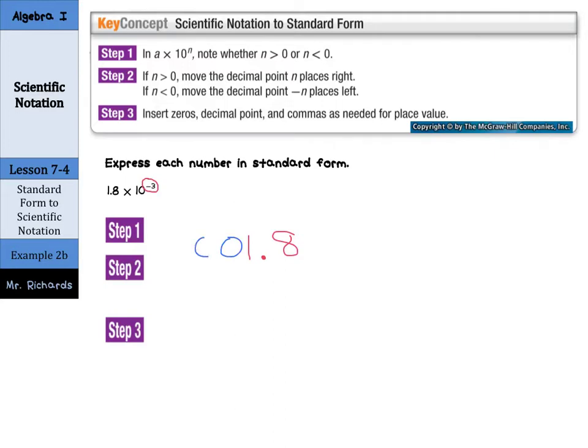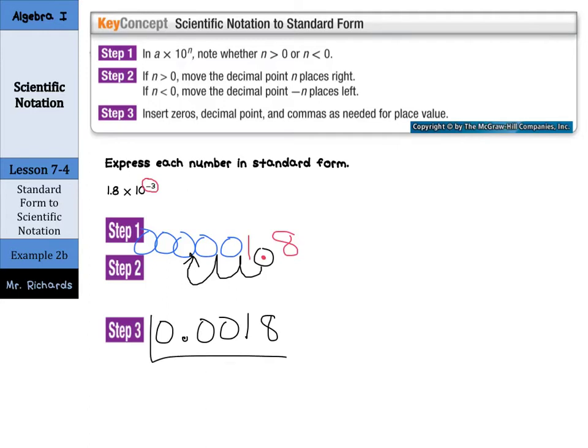So as we throw in our zeros here, and again, as many as you think you need, we're going to move this decimal point 1, 2, 3 spots to the left. So we have 0.0018, or 18 ten-thousandths, and that's our answer.